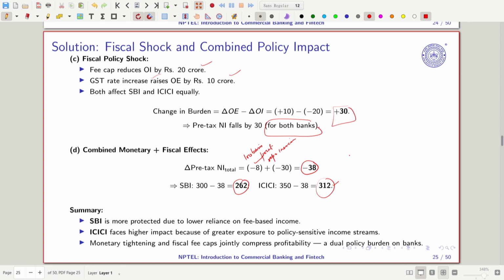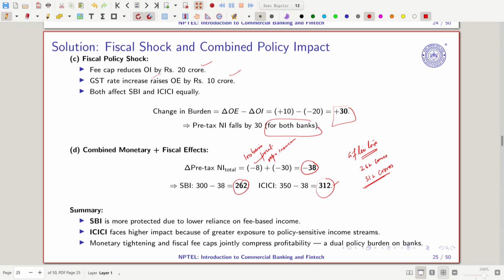So now we are saying that after tax SBI is having 262 crores and ICICI is having 312 crores. So this is what we get.